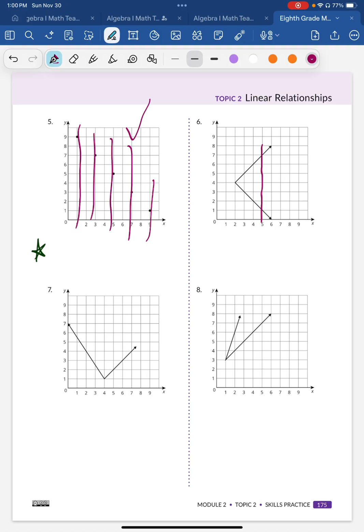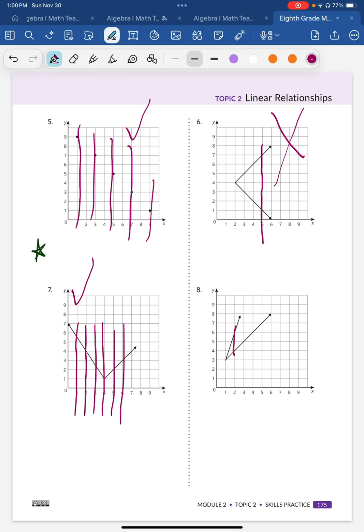Look right here, that's going to go through 2 points, so that's going to be not a function. This looks like we're going to have a function because we're using that vertical line test. So what about this one? Right here, it would go through 2 points. Right here, right here. So that would be not a function.